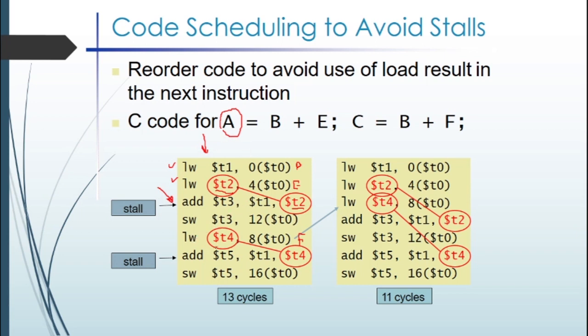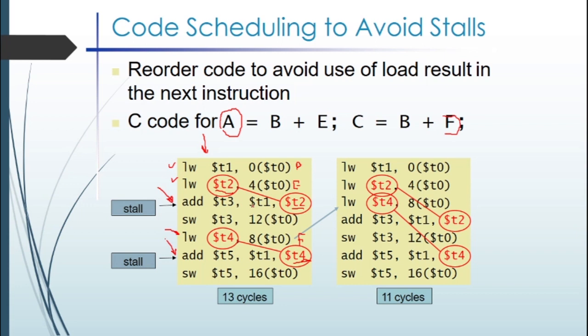But in the next instruction there is T4, and the right next instruction is an add instruction which uses this T4, that is B plus F. So F is read in the instruction here in T4, and the right next instruction uses T4 in the add operation to get B plus F. So both these add operations use data which is not ready.